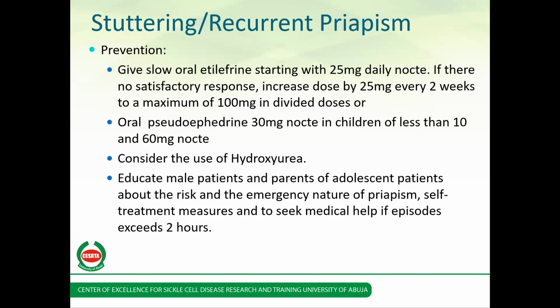Or oral pseudoephedrine 30 milligram nocte in children of less than 10 and 60 milligram nocte in adults. Consider the use of hydroxyurea. Educate male patients and parents of adolescent patients about the risks and the emergency nature of priapism, self-treatment measures and to seek medical help if episodes exceed 2 hours.